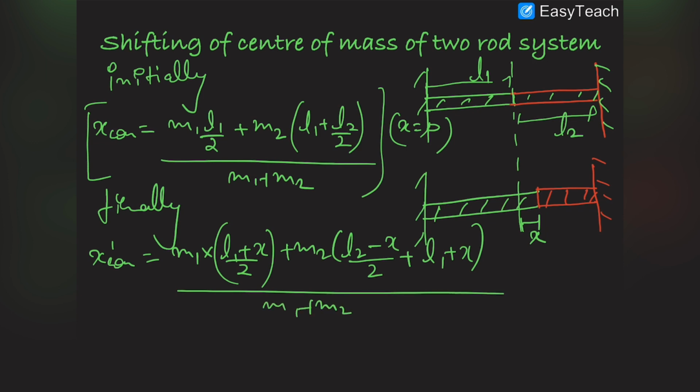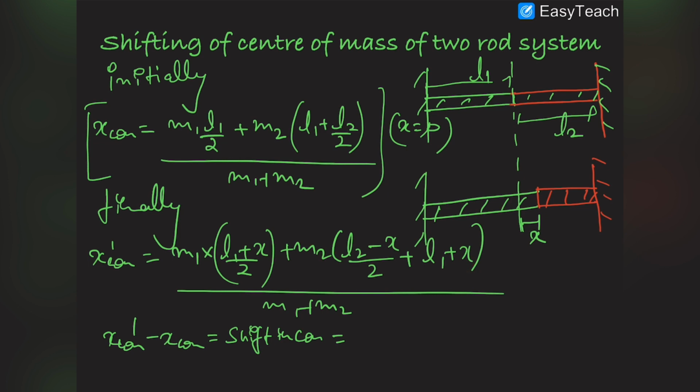So you can see that X_COM dash minus X_COM is the shift in the COM position. If you subtract these two, then m1 L1 by 2 and m1 L1 by 2 will cancel out. Here there would be m1 x by 2, and m2 L2 by 2 and m2 L1 will cancel out. Here again it would be m2 x by 2.